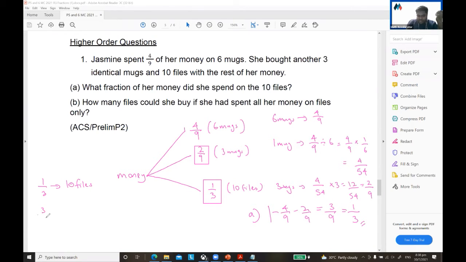Which is 3/3, which is 10 files times 3. So you'll get 30 files. Clear?